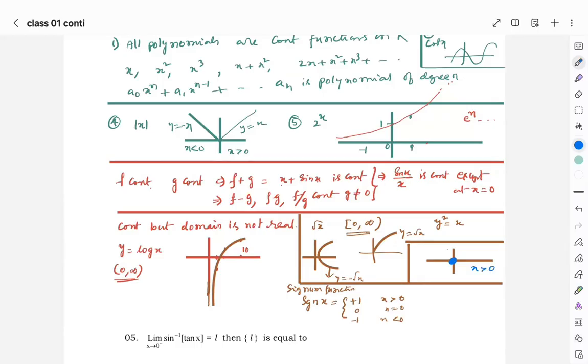For greater than 0, y is 1, like this. For less than 0, it is minus 1. So it is defined for all x, but discontinuous at 0.